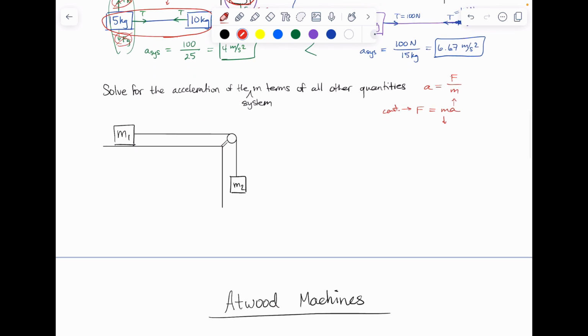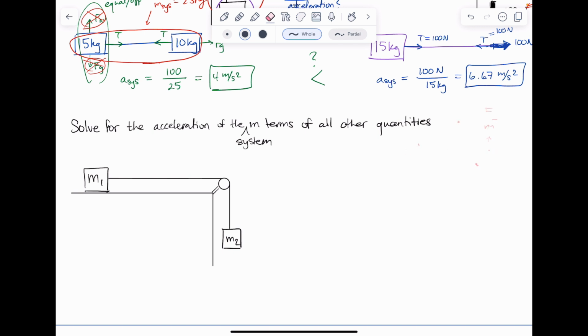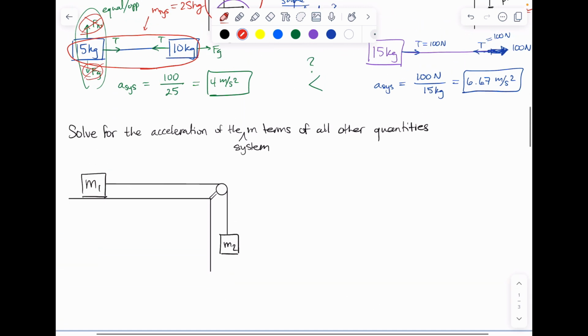And another type of problem AP Physics likes to throw at you guys is having you solve these systems without any numbers at all, right? So if you just had M1 and M2, you could have a question like, solve for the acceleration of the system in terms of all other quantities.